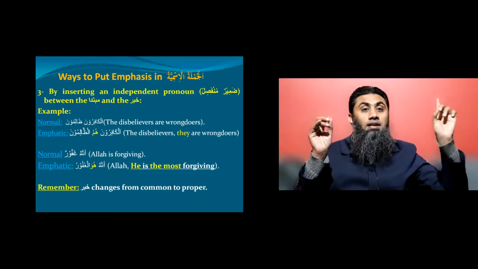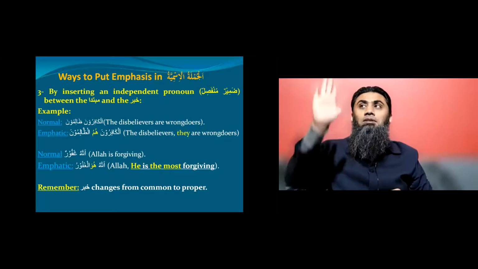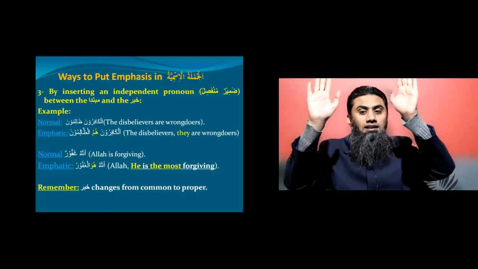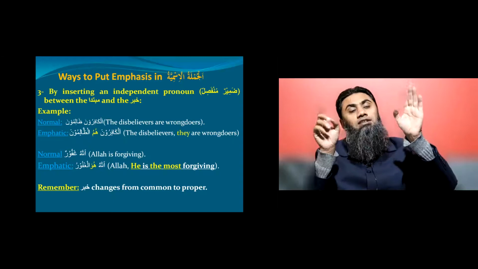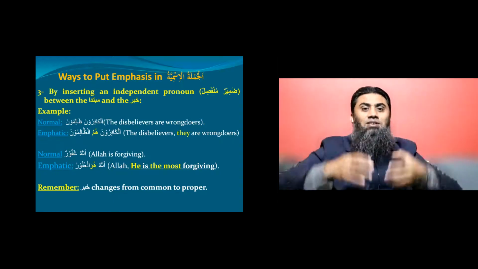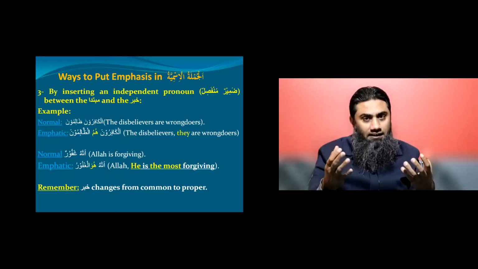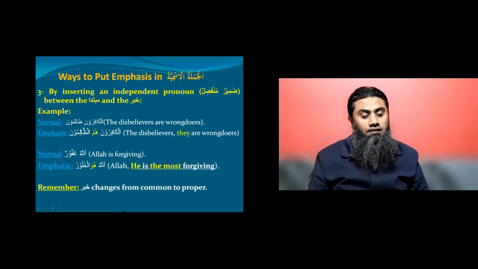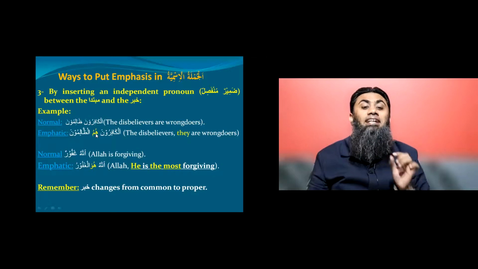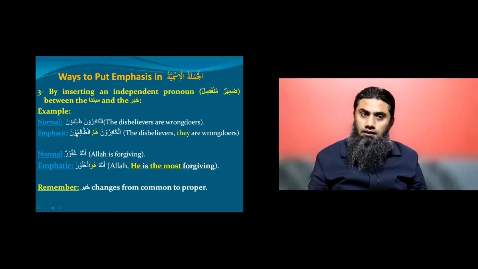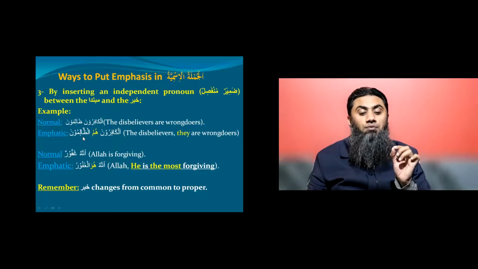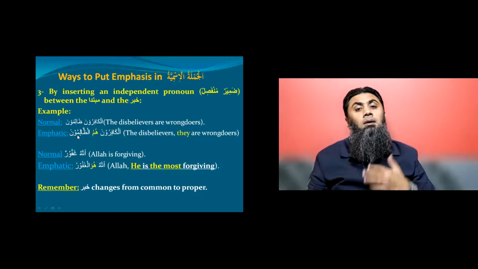So basically you mentioned disbelievers twice. The disbelievers, and then whom is also referring to disbelievers. So by mentioning them twice, your sentence has become more emphatic. Okay. So what was this third way? You simply insert an independent pronoun in between mubtada and khabar. And secondly, you make your khabar in this case proper. And in this way, your sentence becomes emphatic.